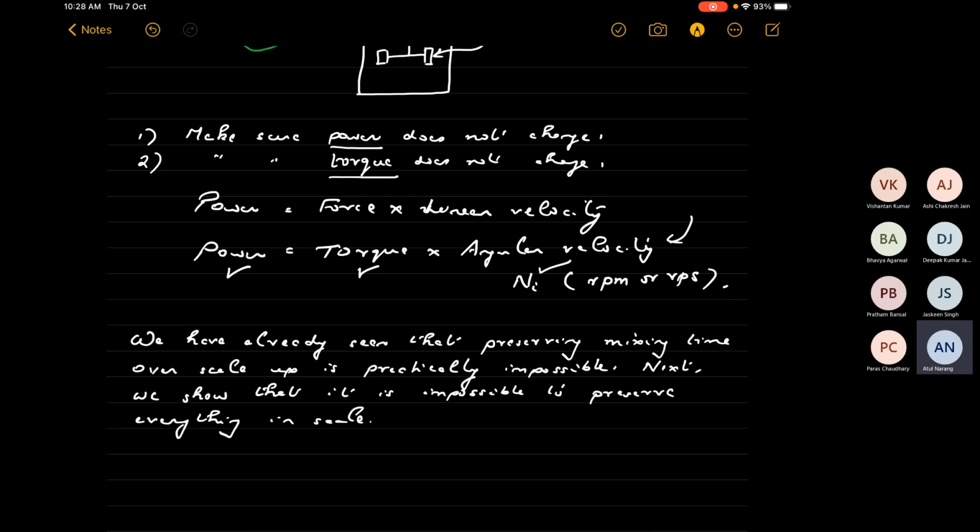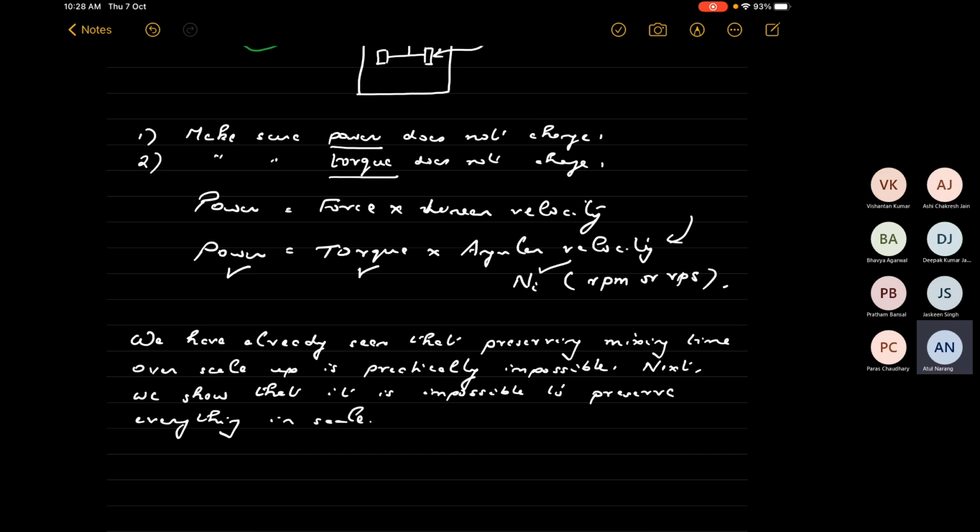And the reason is really pretty much the same. Everything scales in a different way. So if you try to preserve one thing, the next thing will suffer. That's the basic idea I want to get through.